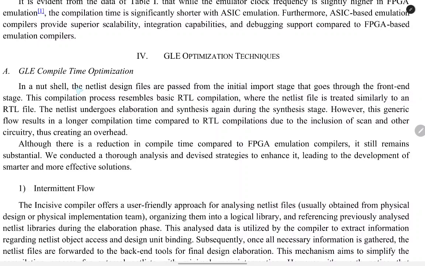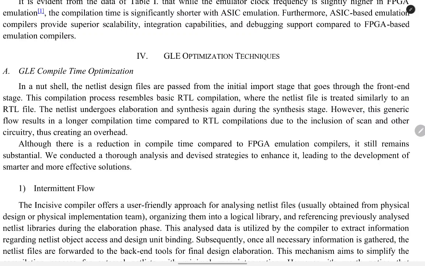In a nutshell, the netlist design files are passed from the initial import stage and go through the front-end stage. This compilation process resembles basic RTL compilation, where the netlist file is treated similarly to an RTL file. The netlist undergoes elaboration and synthesis again during the synthesis stage.